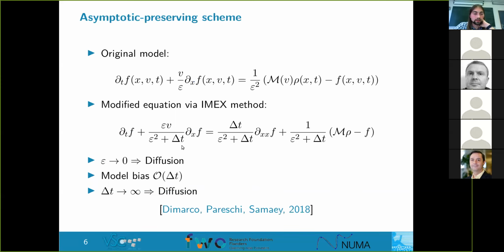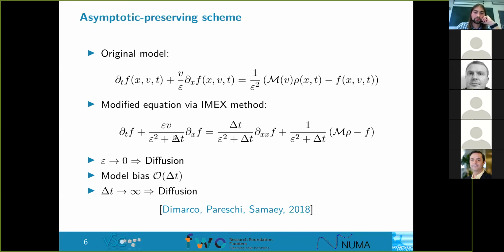So what we've actually done is substituted this equation with an equation which now explicitly contains the model time step on the one hand and has an extra term in it. This extra term is a diffusion term, and I already mentioned, we know that as epsilon gets very small in this case, we converge to diffusion. So what we've done is explicitly included this information into our new model.